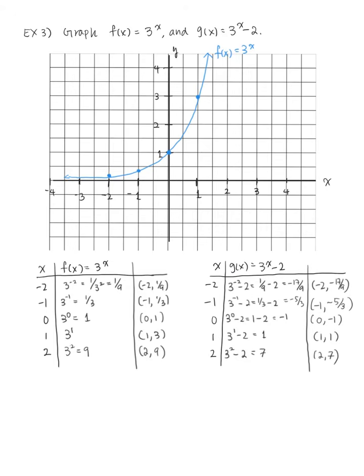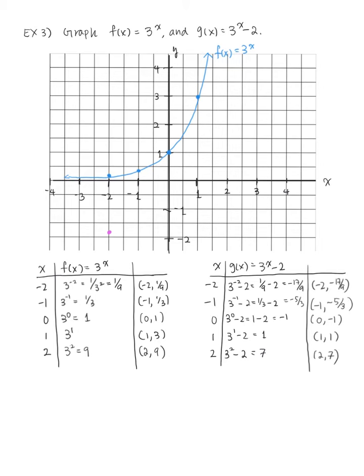Now let's compare that with our g of x. So when x is -2, we're going to have -17 over 9, which is approximately, what is that, -1.9, very close to -2. So let me just jot down, here's -1, -2. All right, so it looks like I'm going to have to plot maybe right here.